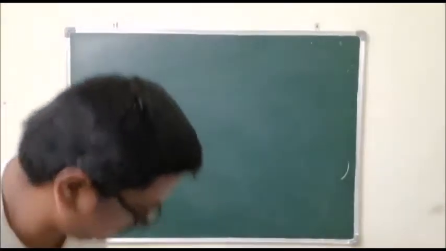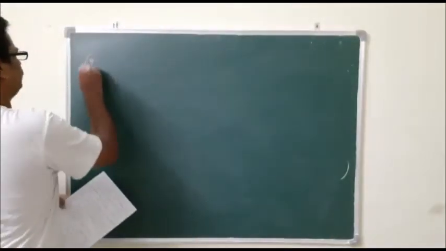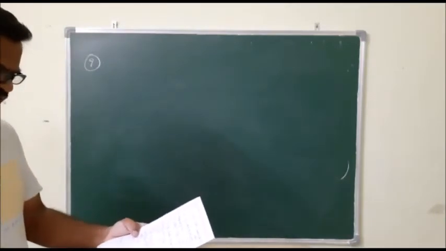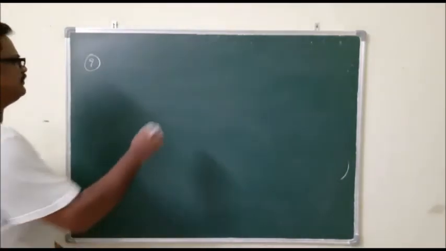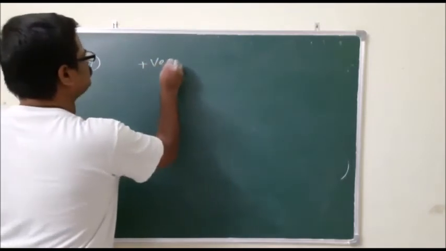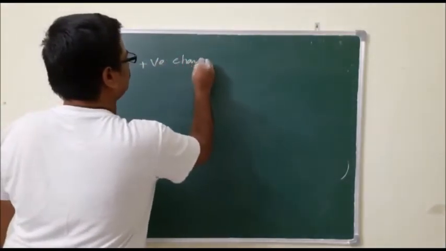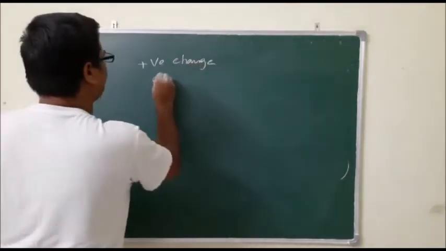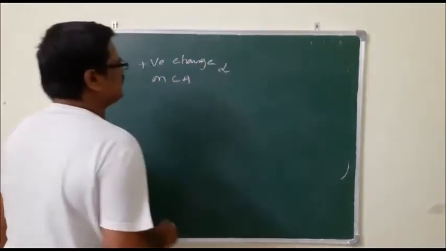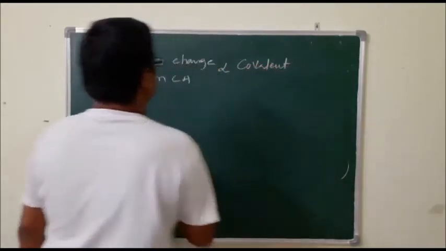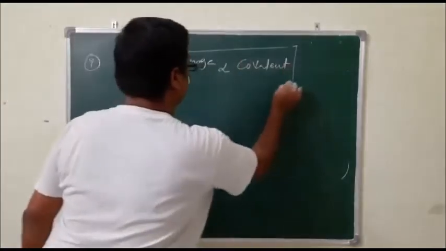Coming to question number 9, what is the question? Among MnO, Mn2O3 and Mn2O7, the most covalent compound is. Simple thing: the positive charge on the central atom is directly proportional to covalent nature.